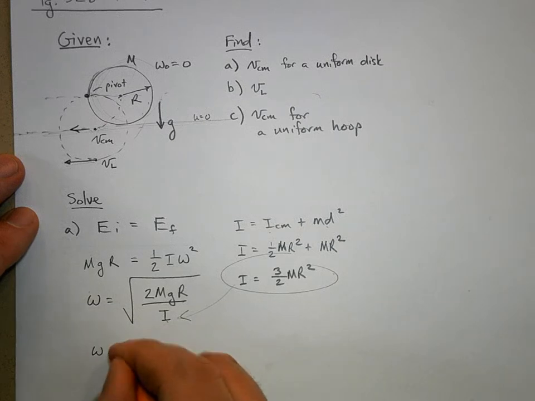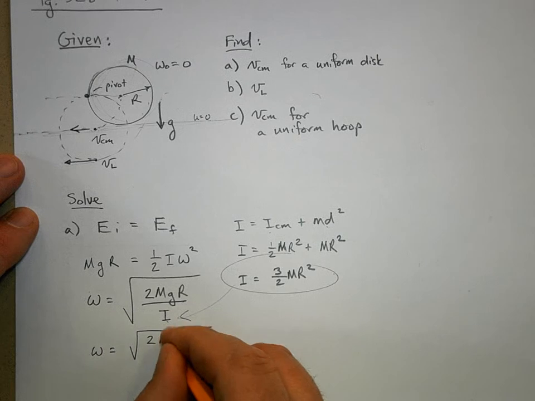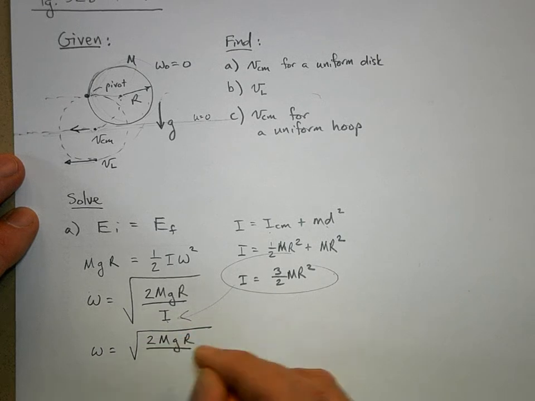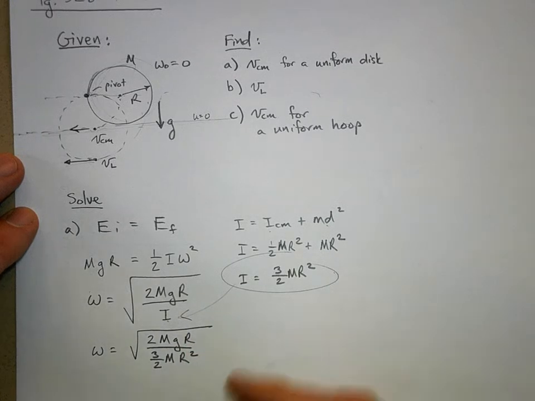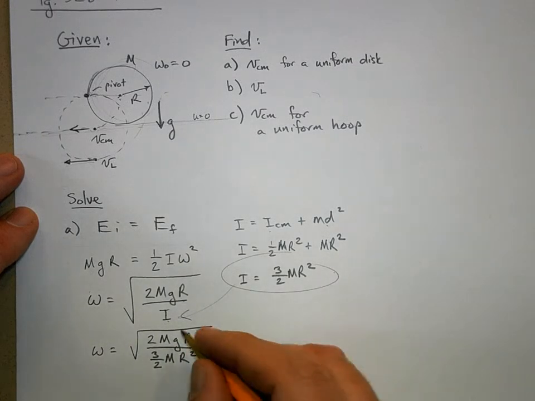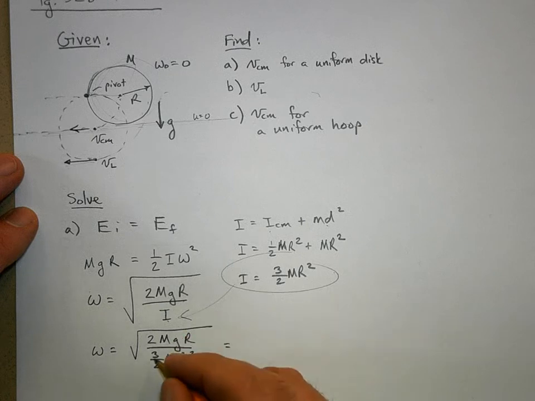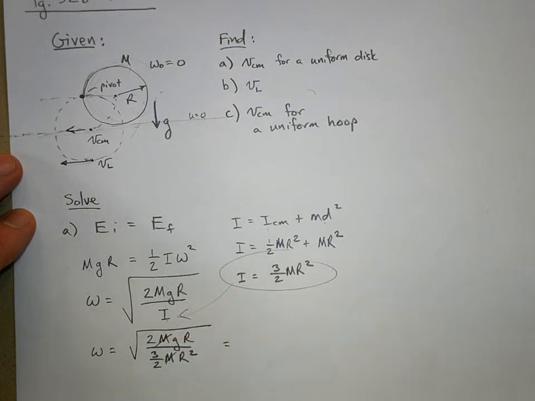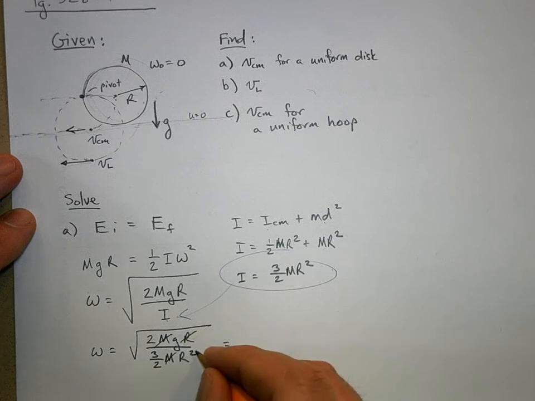So the angular velocity at the bottom is going to be the square root of 2mgr over 3/2 mr squared. And we can see that the mass cancels, one of the r cancels.